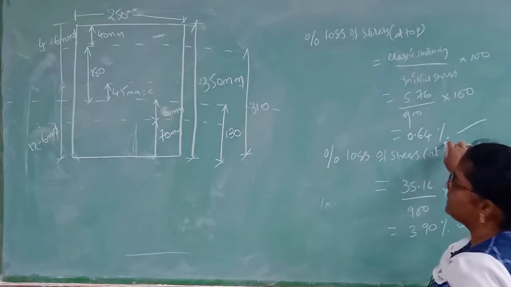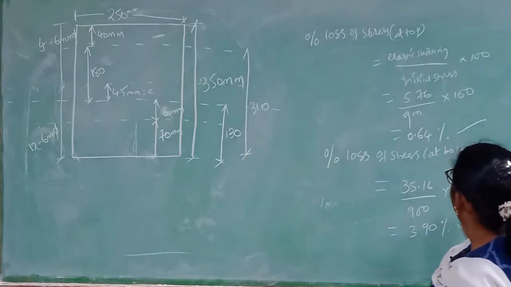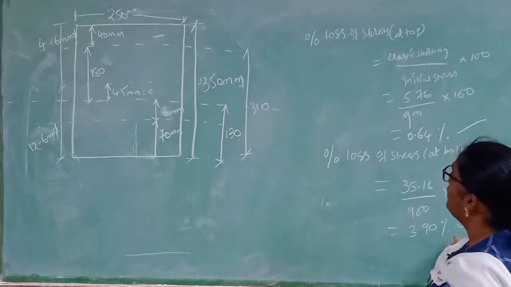The 0.64 percentage is lost at the top level and 3.90 at the bottom level.